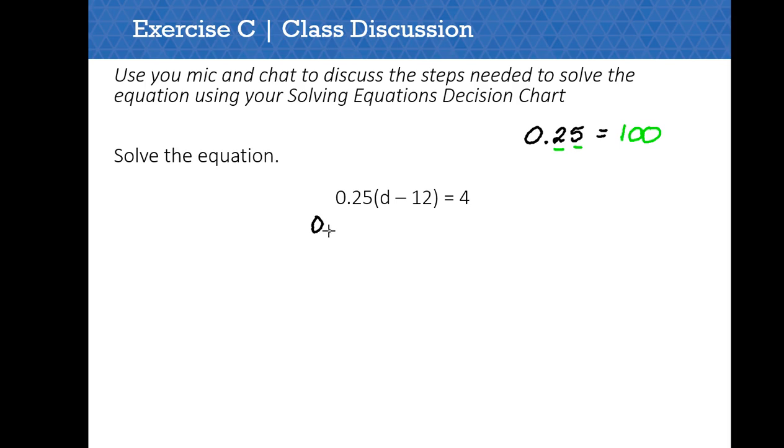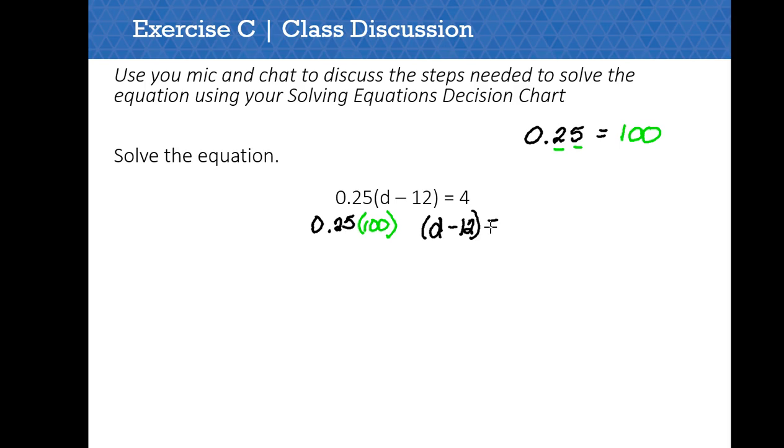But I am not going to multiply, and this is where it gets a little weird when we have the distributive property, the d minus 12, because that's inside parentheses and that's going to be multiplied by what I get from a result.